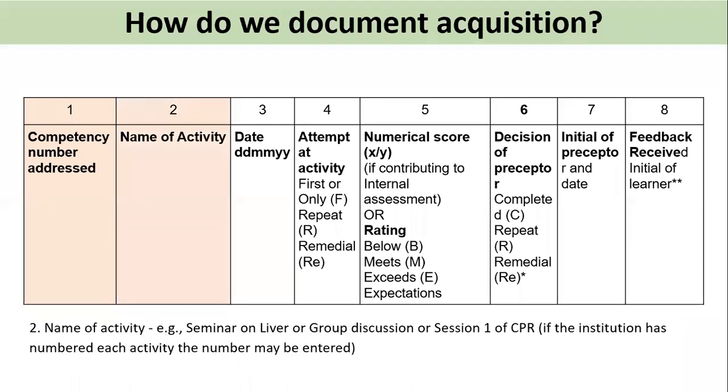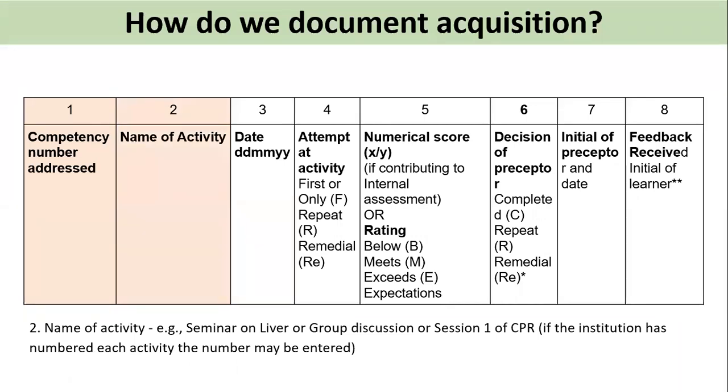Then second is name of the activity. So what was the activity which was given for achieving that competency? For example, a seminar or a group discussion or sessions on, say, a particular psychomotor skill.